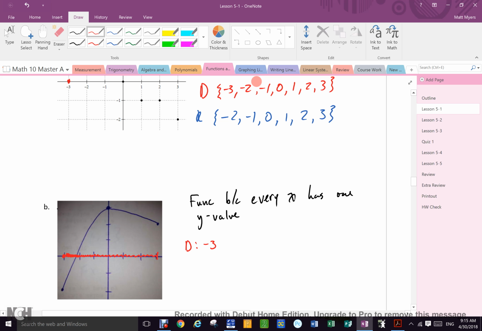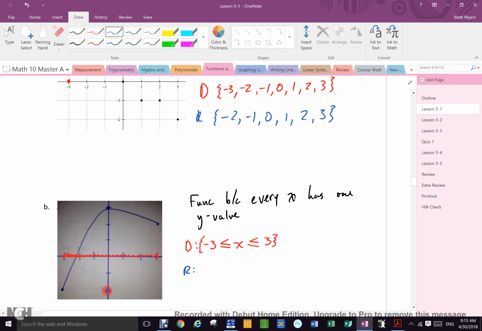So remember that other way I showed you to write these? What's the lowest value? Negative 3. That is lower or equal to x. Right? And x is lower or equal to what value? 3. Does everybody understand? Okay. Now we do the same thing with the y value. What's the lowest y value? Negative 2.